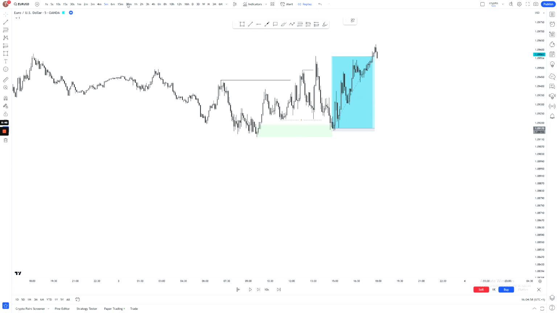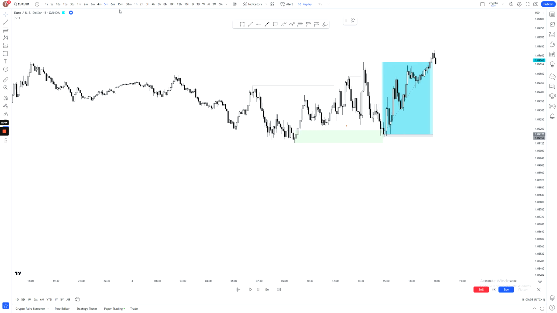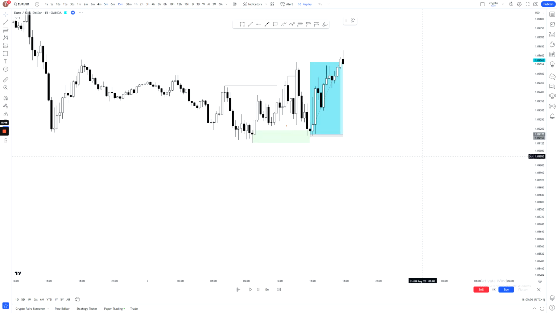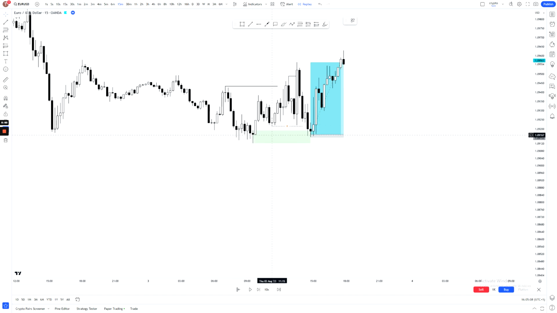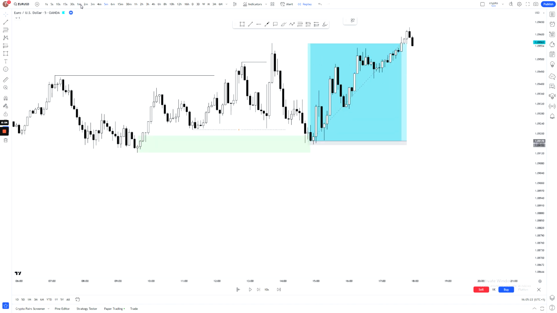So if we jump to the 15-minute, you will see that this zone here, the last down move before the up move, correlates to the 15-minute order block, which is unmitigated. So as soon as price tapped into it the first time on the 15-minute, I saw a nice reaction from it, and then I was straight into my confirmation, which was on the 1 minute.